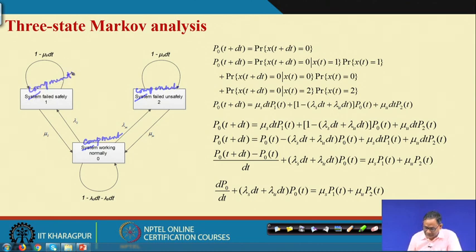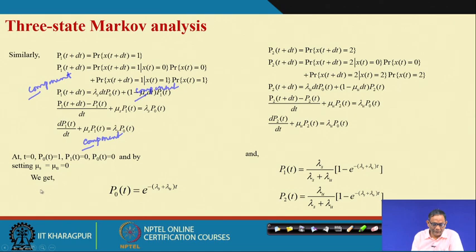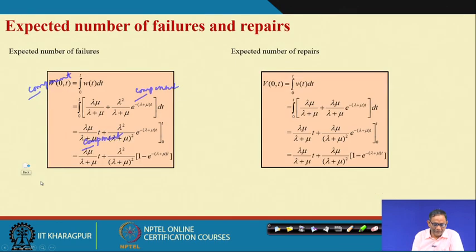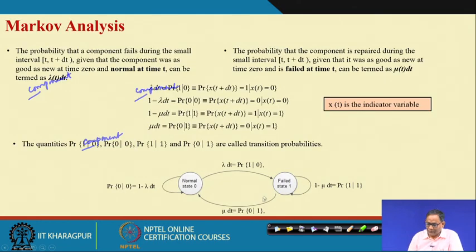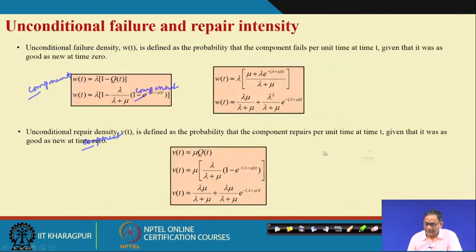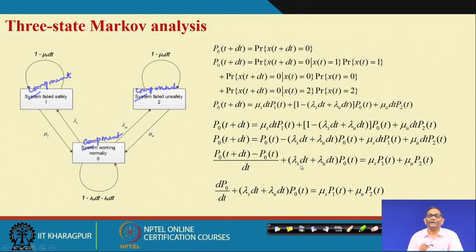Okay. Just I will go back a little. Okay. So, here we have written in terms of component, no problem. So, here also I am writing in terms of component.